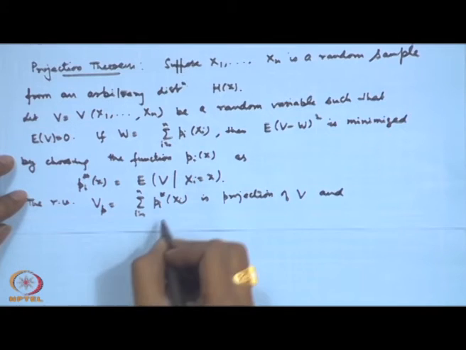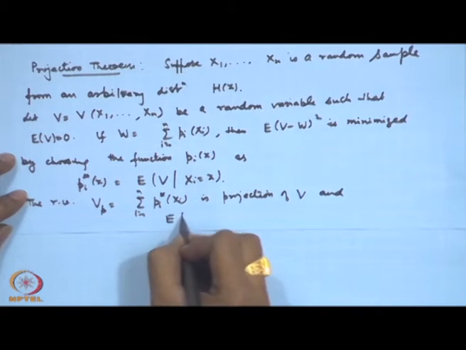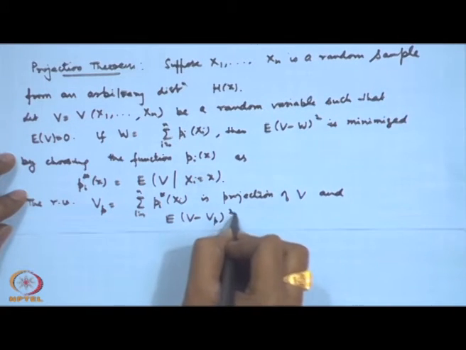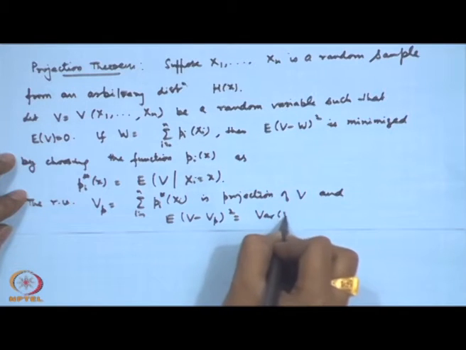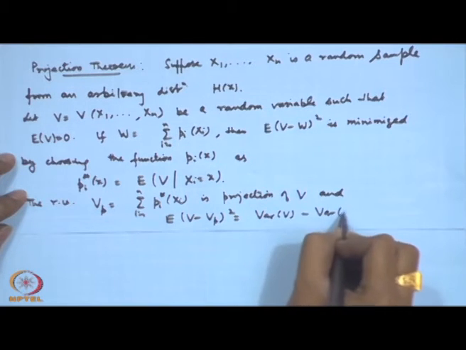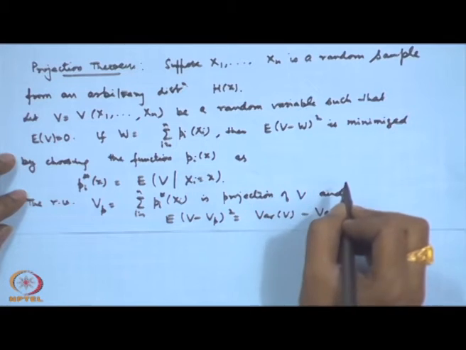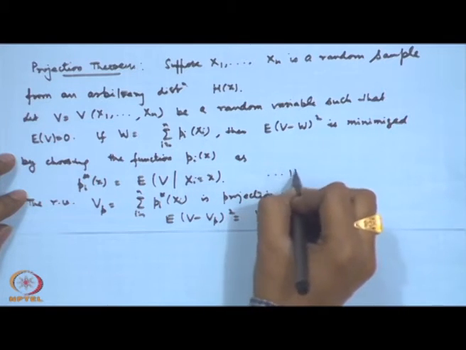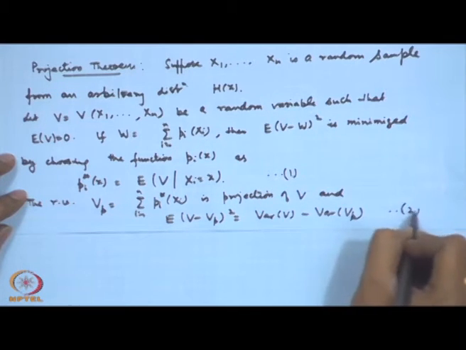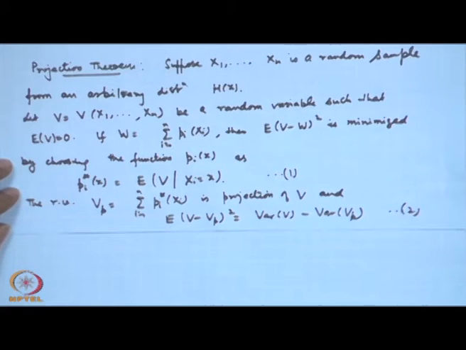And expectation of (V minus V_p) square is equal to variance of V minus variance of V_p. Let me name these relations as 1 and 2 here. Okay, let us look at this.